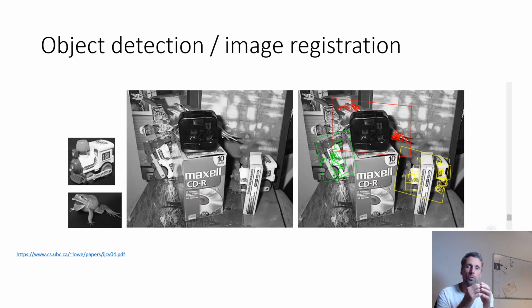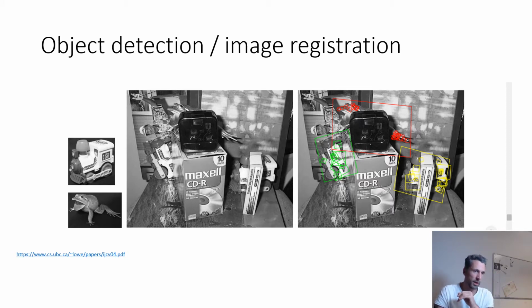You can use information about informative points, so these interest points, to not just find those again in consecutive frames, but if you have two recordings, maybe one showing a template image and a search image in which you want to find this object, you can use interest points also to find those objects again.